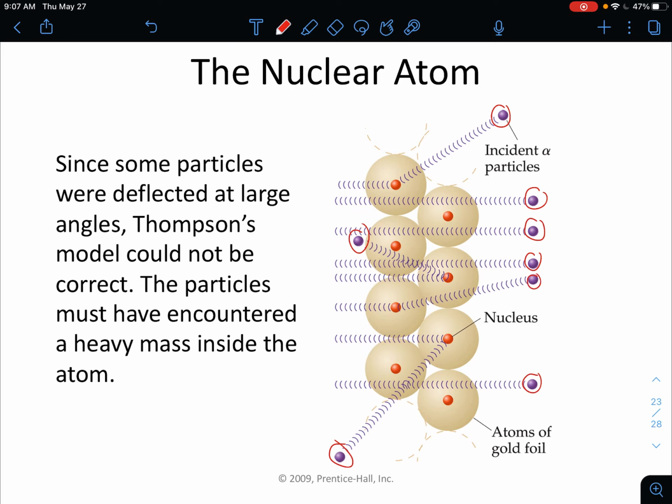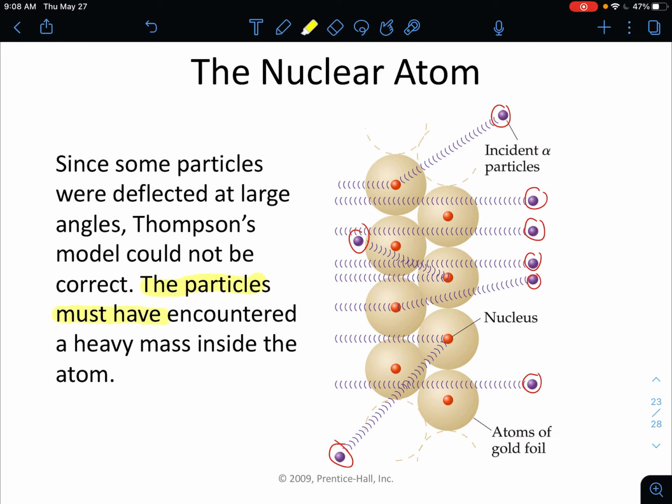I guess this one and this one as well. So still the majority we would expect to go through, but if they did indeed encounter the nucleus, they'd be deflected at some angle. So this is what I was saying: the particles must have encountered a heavy mass inside the atom.